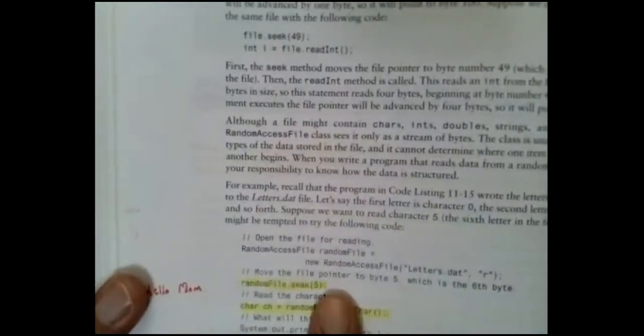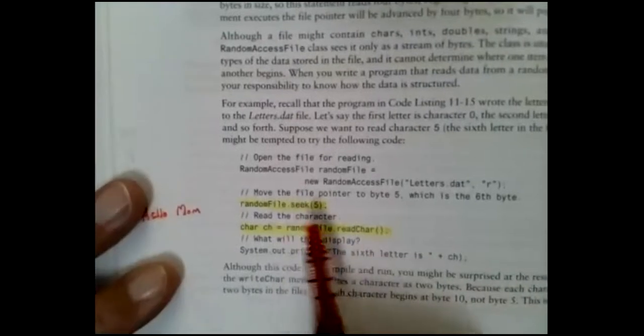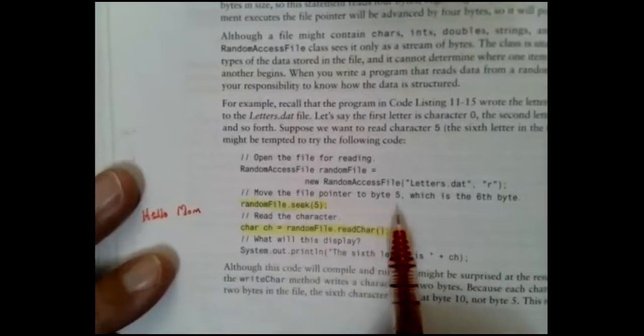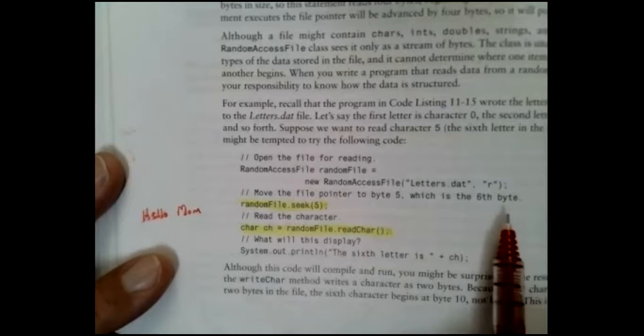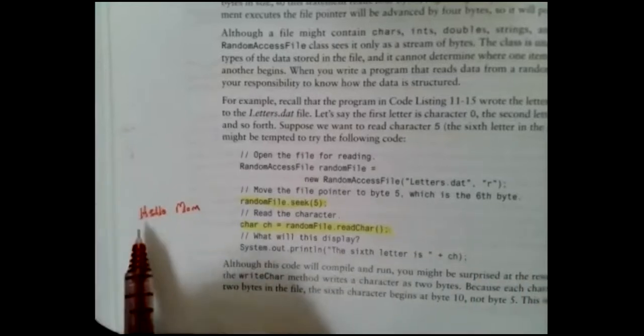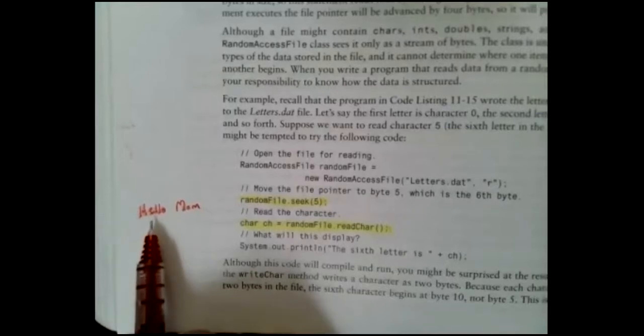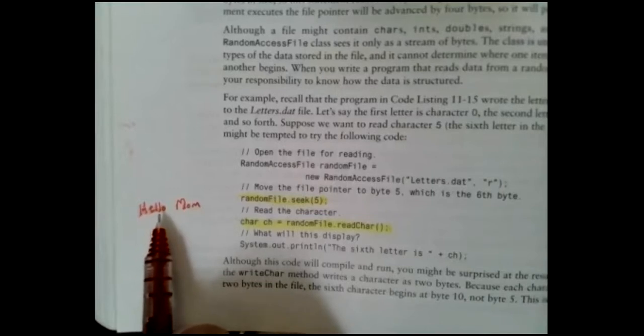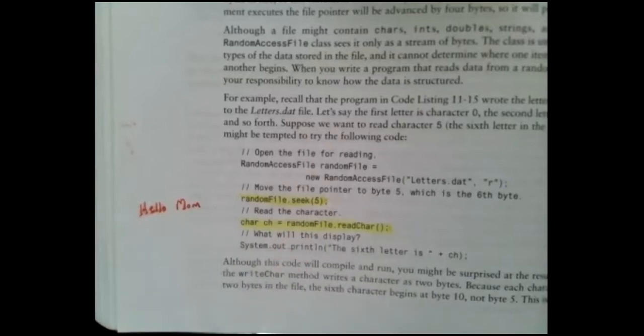Here, again, documentation. I love you, documentation. Move the file pointer to byte 5, which is the 6th byte. 0 and 1 is H. 2 and 3 is E. 4 and 5 is L. So I move it right past that L, and I should get the second L if I was reading them in this way.